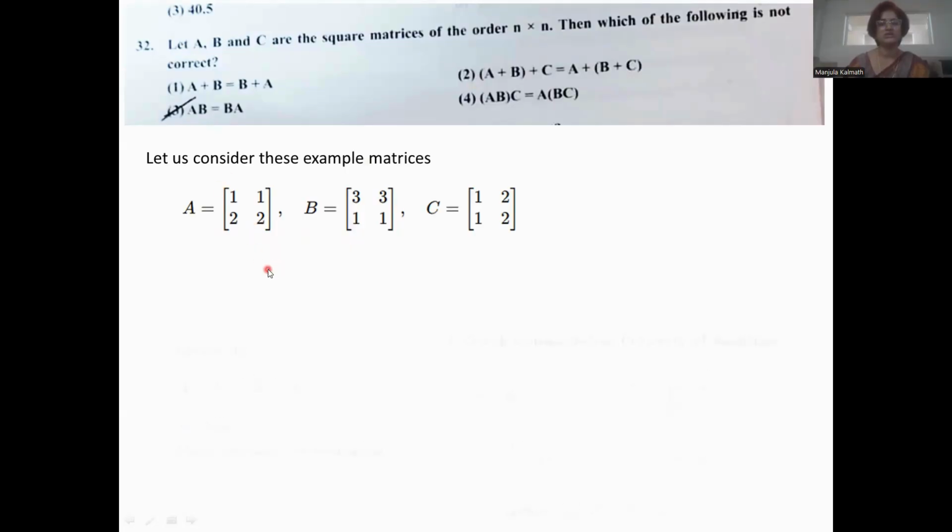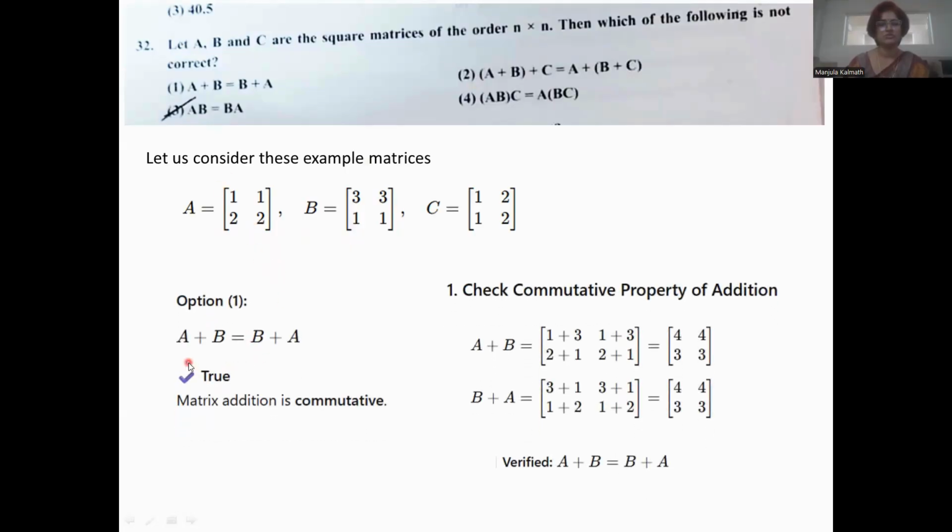Now let us check the first option, A plus B equals B plus A, that is nothing but the commutative property. A plus B means we simply add: 1 plus 3, 1 plus 3, 2 plus 1, and 2 plus 1. So we have 4, 4, 3, 3 as the matrix.